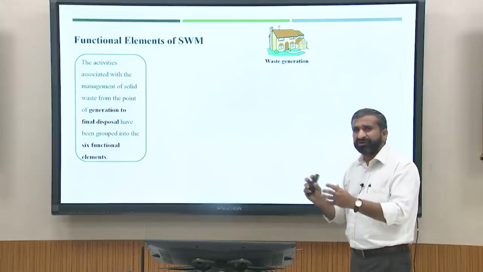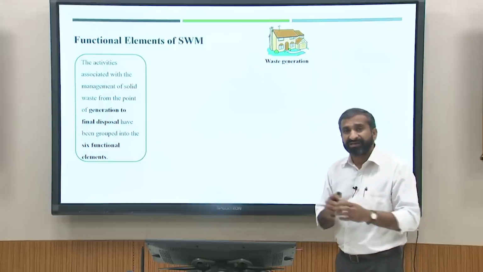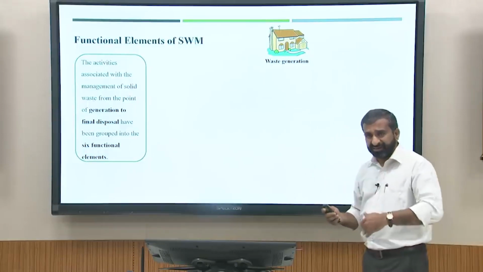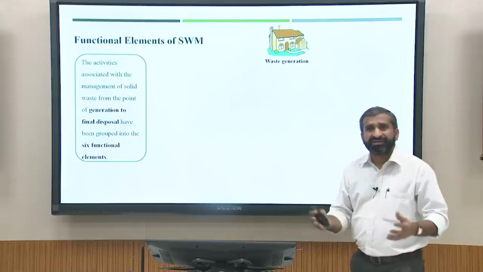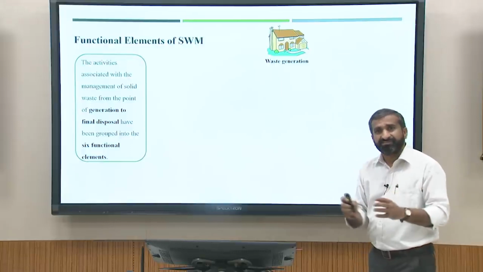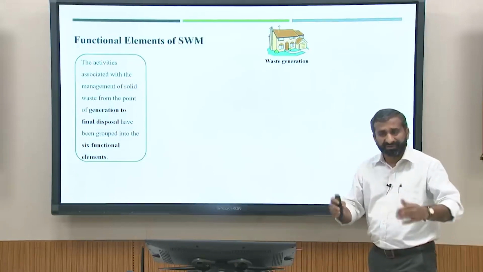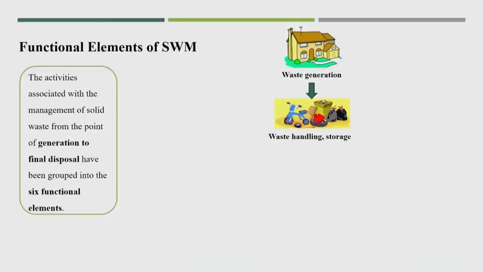It is very important to know how much quantity is getting generated and what kind of characteristics. I will take 2 lectures on waste generation, because knowing the quantity and volume generated in a particular locality, city or country is very important. Then, once waste is generated at the source, it gets stored in a dustbin.